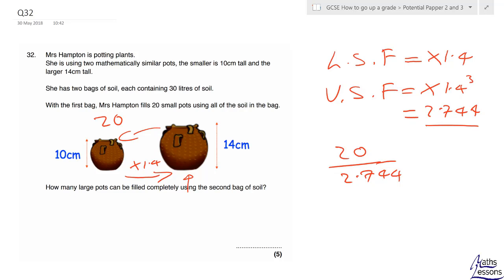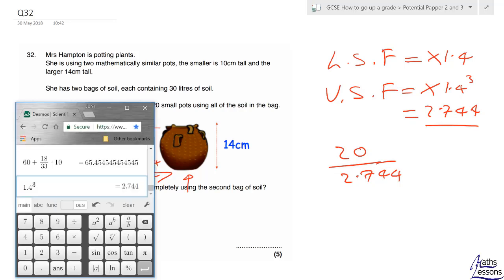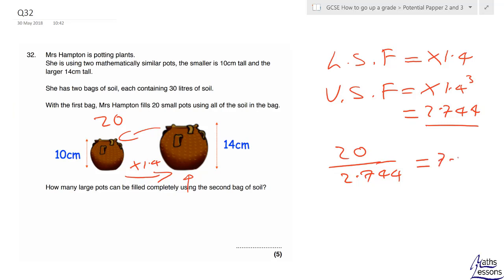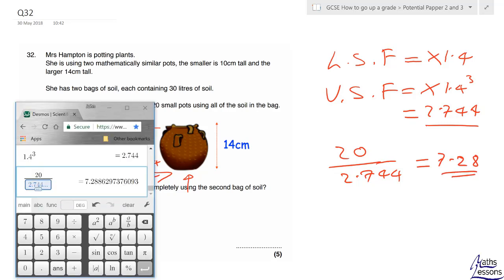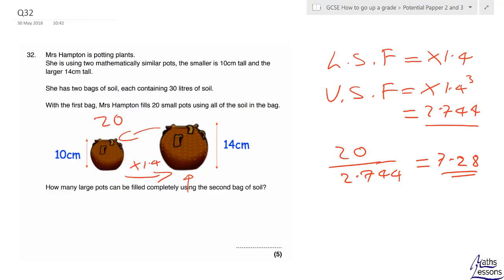That gives us 7.28 large pots. There are other ways to do this, but I think that's the quickest and the easiest way. So she's not going to get more than 7 completely filled. It says it's got to be completely filled. The 8th pot only gets partially filled with soil.